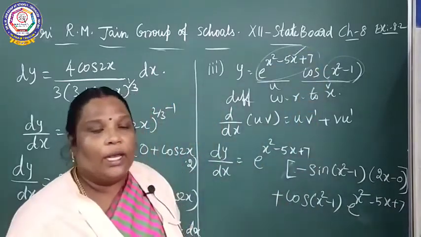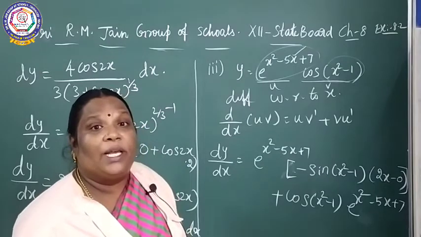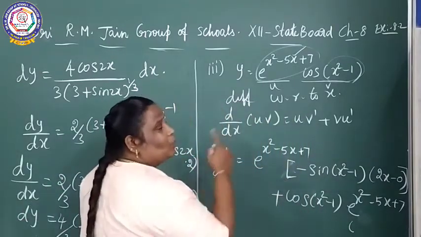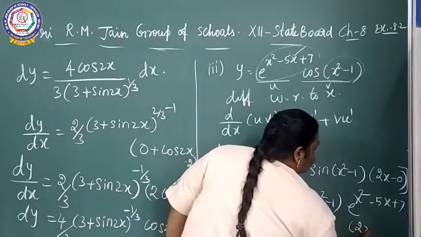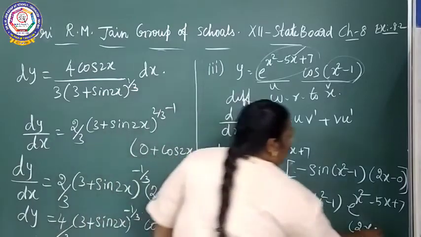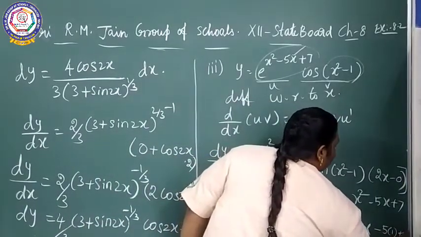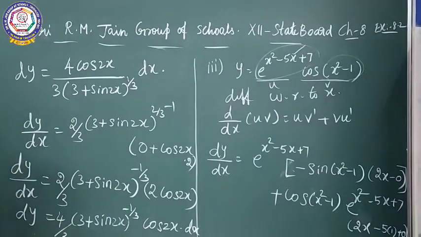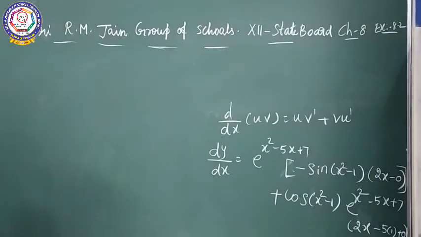What is the second one? X square minus 5x plus 7. Differentiation of x square minus 5x plus 7 is 2x minus 5 into 1 plus 0.